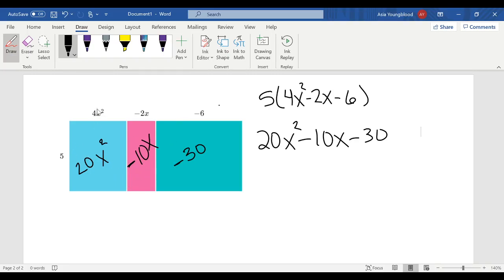So we did 5 times 4x squared to get 20x squared, 5 times negative 2x to get negative 10x, then 5 times negative 6 to get negative 30. Then my students in class helped me write it out here. So we just start over with the 20x squared, the minus 10x because it was negative, and the minus 30 because that was negative as well. Again, all we're doing is showing this distribution: 5 times 4x squared, 5 times negative 2x, and 5 times negative 6.